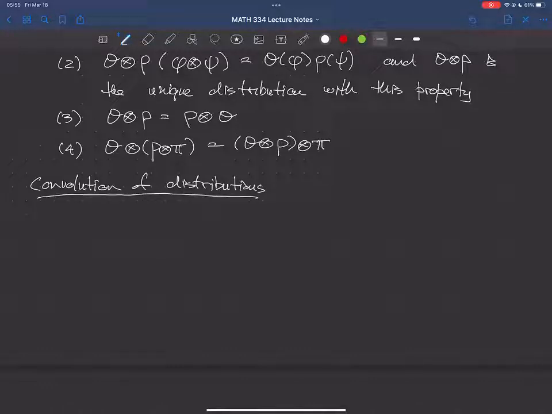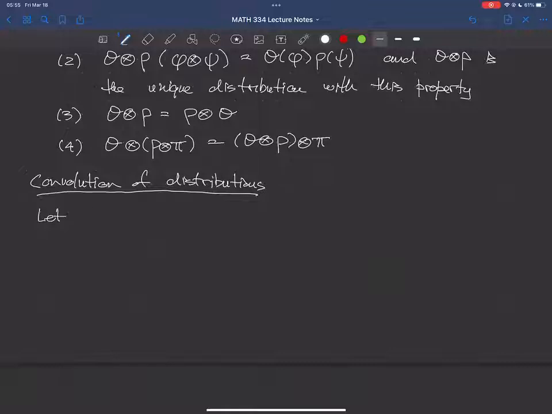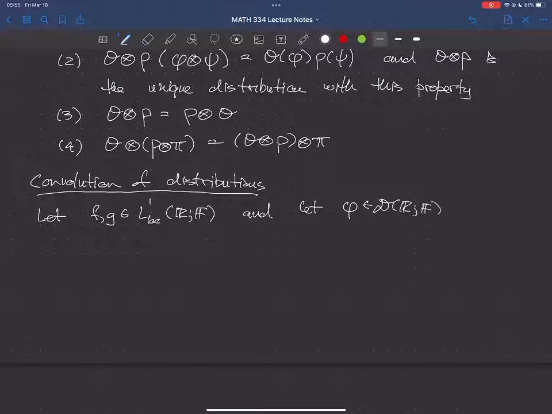So first, so that we can get some appreciation for what's going on here, let's take another look at convolution of just ordinary signals. Let f and g be locally integrable, and let's look at a test function phi of a single variable here.